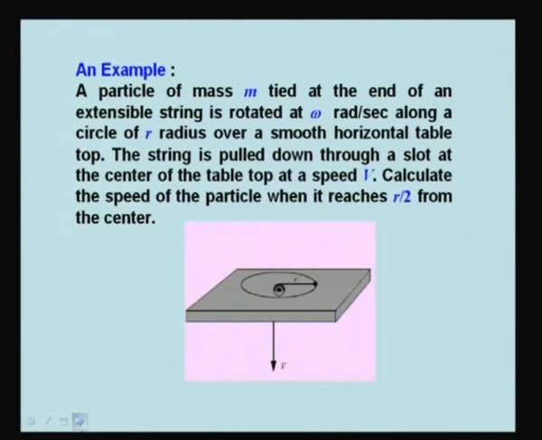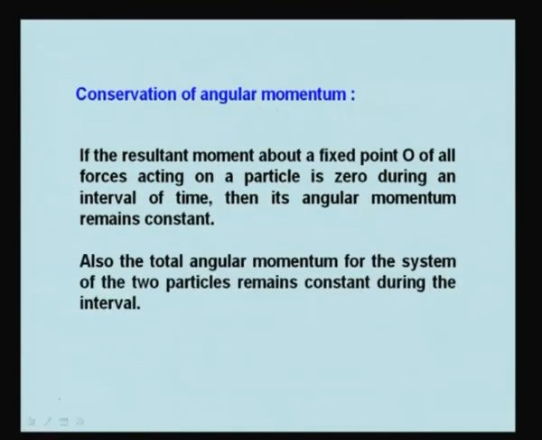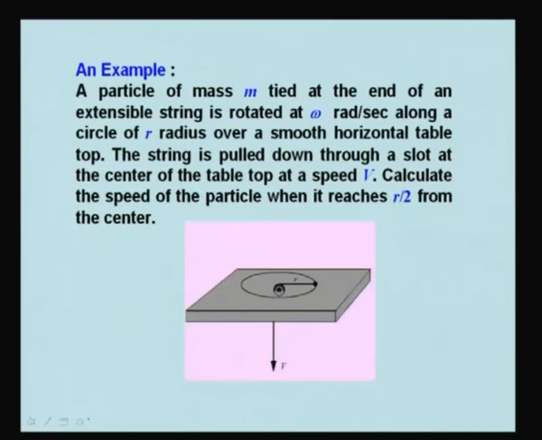We present one example based on the conservation of angular momentum. A particle of mass m tied at the end of an inextensible string is rotated at omega radian per second along a circle of radius r over a smooth horizontal tabletop.